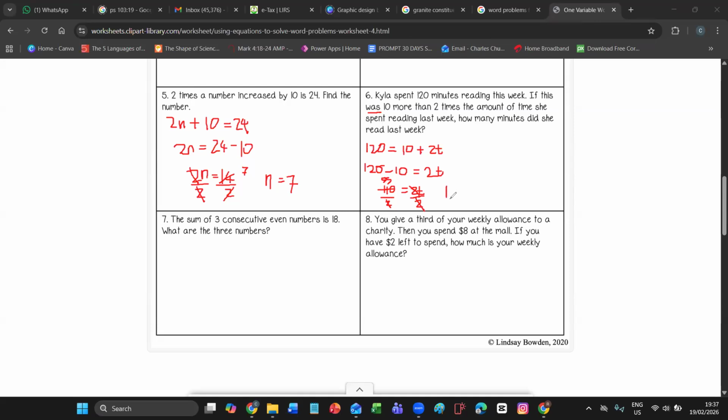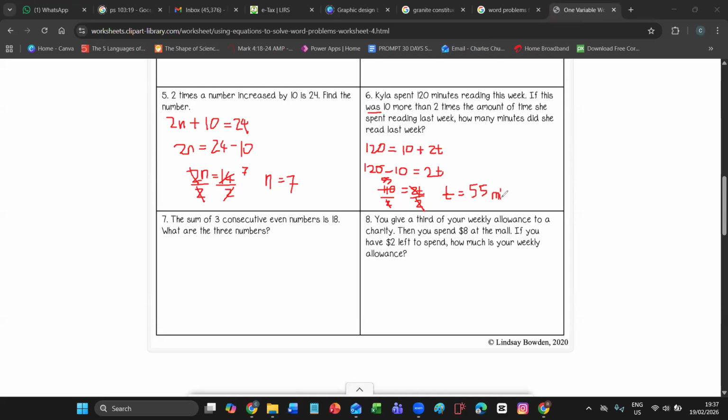So therefore, t equals 55. So that's 55 minutes. Yeah, 55 minutes.